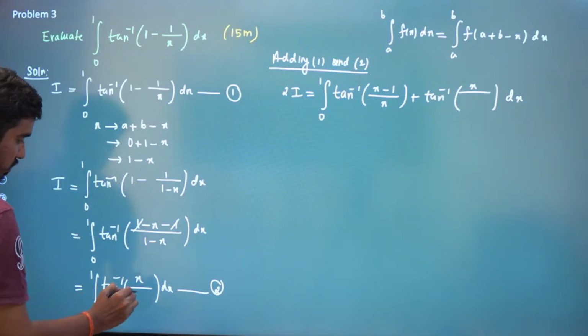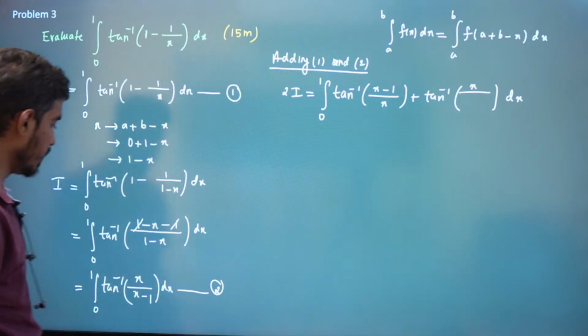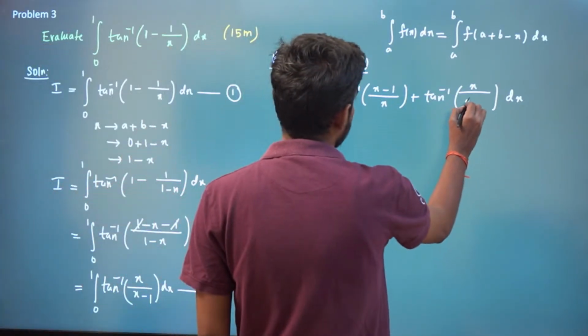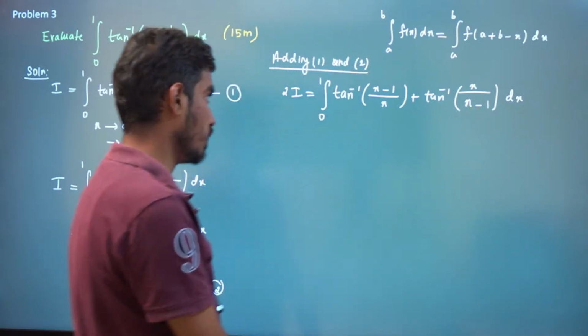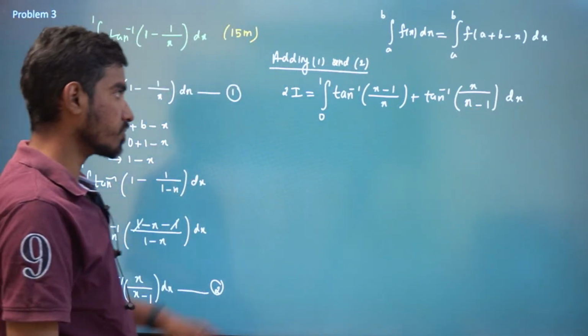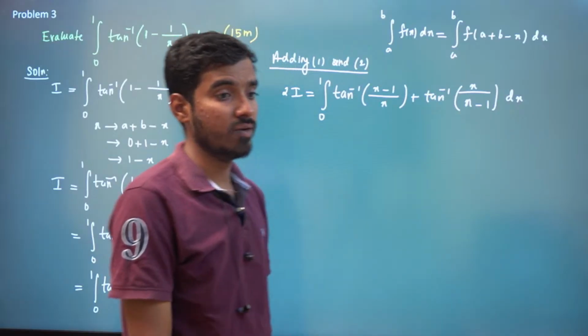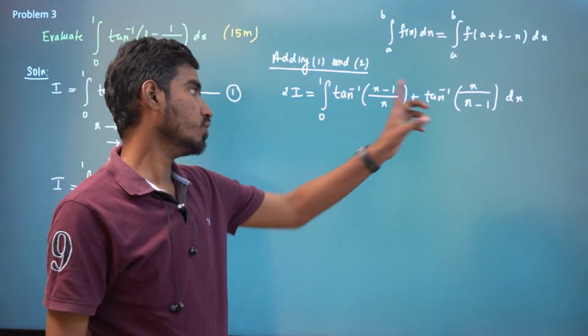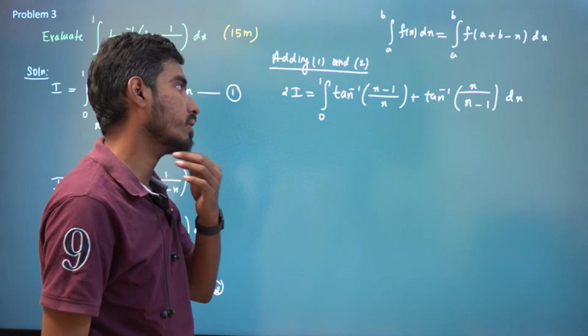I'm just taking minus common here. X by x minus 1. So here you can see tan inverse of x plus tan inverse of y, x into y is equal to 1, right?